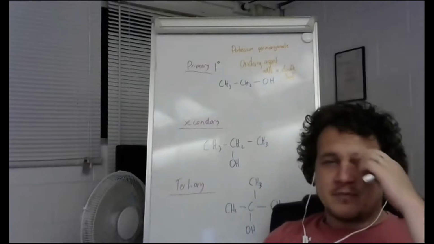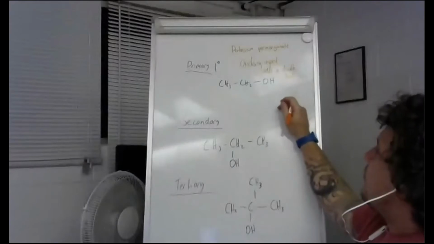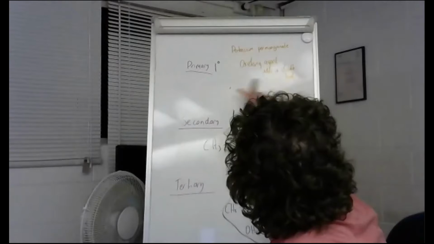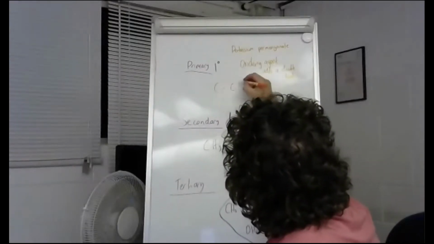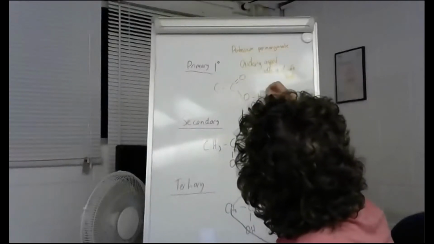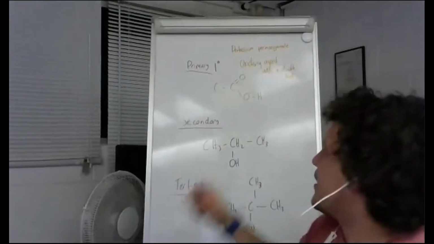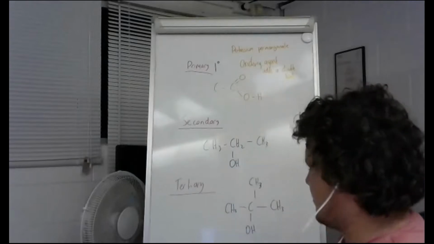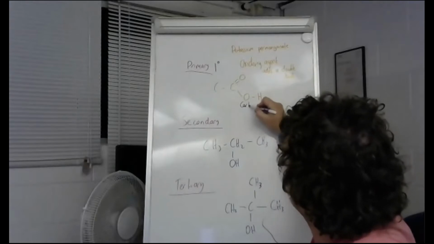So if we added this potassium permanganate to a primary alcohol, what we would end up with is actually, and I'll draw the molecule properly, when we add potassium permanganate or a strong oxidizing agent, it adds a double bond onto the end and produces a carboxylic acid from a primary alcohol.